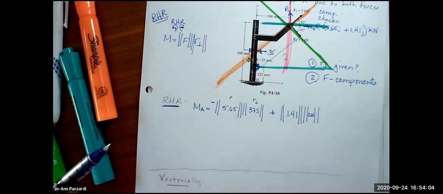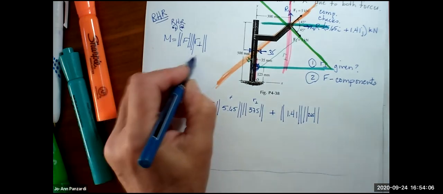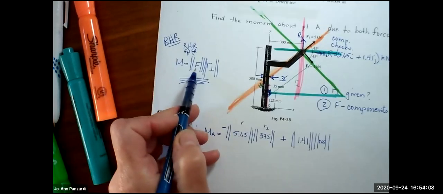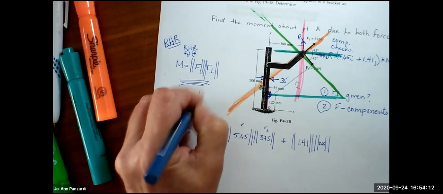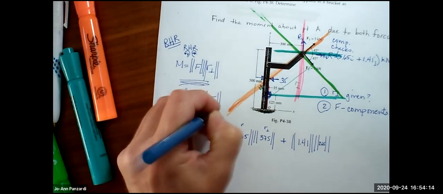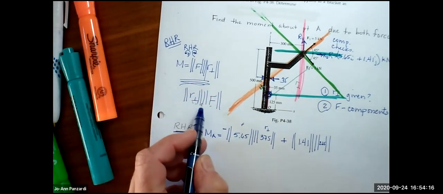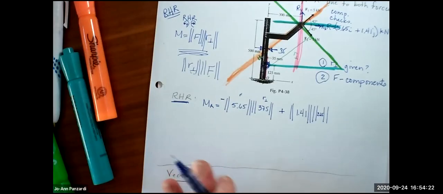I don't know, it's just been the accepted practice. The accepted practice is to do the force times the perpendicular distance. But if you want, you could do the perpendicular distance first and then the force. It doesn't matter because they're both absolute values. It's just multiplication, not cross product. But if you look in the text, that's just the accepted.